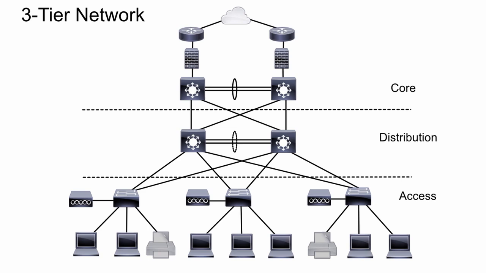Now the distribution layer is going to be your typical layer 2 to layer 3 boundary. So to cross the distribution layer, you're likely going to be having some IP subnet hops, unless of course you're staying within the same work group. Now the other thing about the distribution layer is you are segmenting work groups at that point.